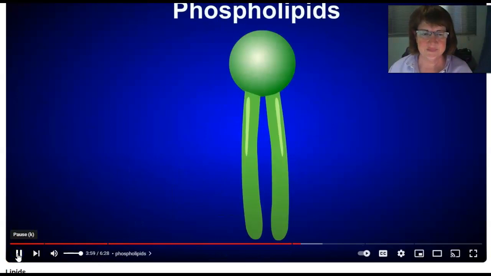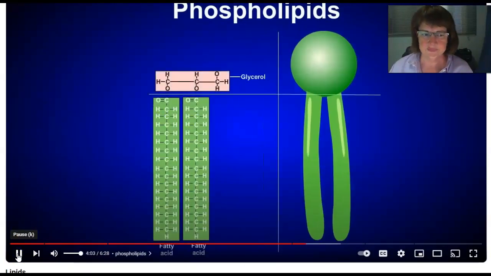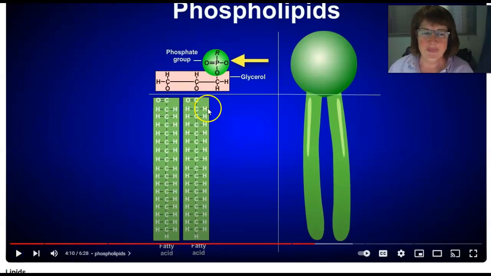Phospholipids are similar to triglycerides in that they contain glycerol and 2 fatty acids. What's different is that a phosphate group, rather than a third fatty acid, is attached to the third carbon of glycerol.